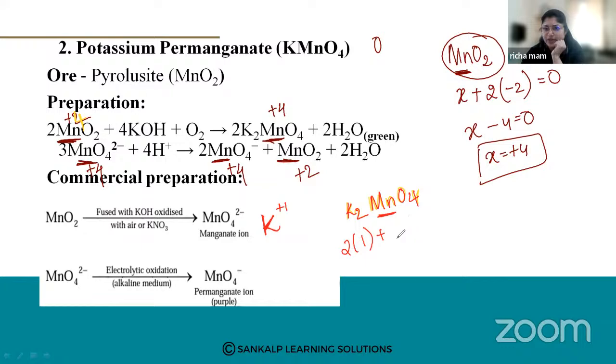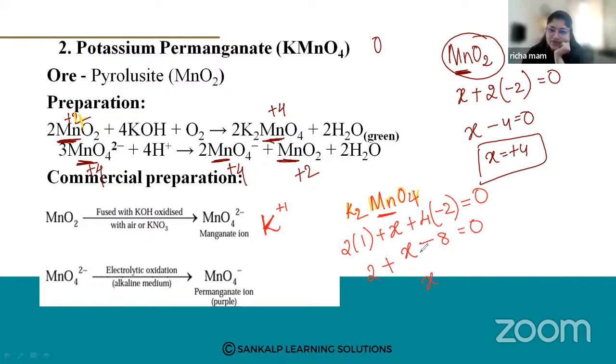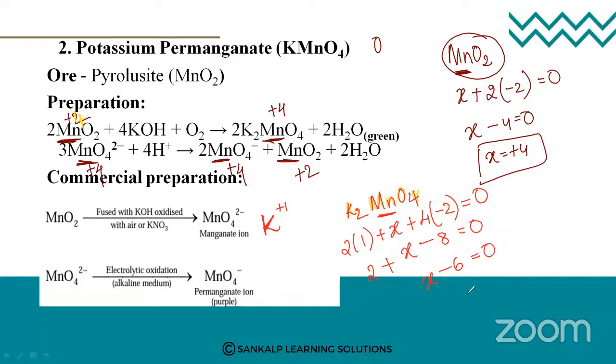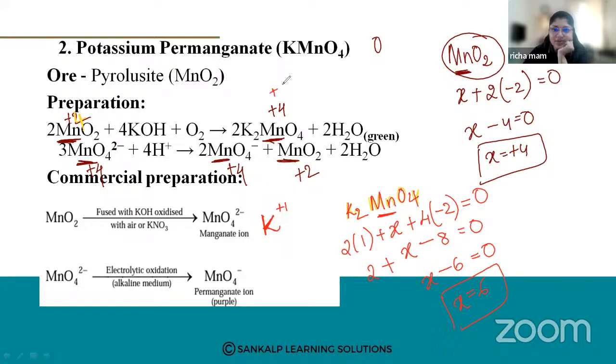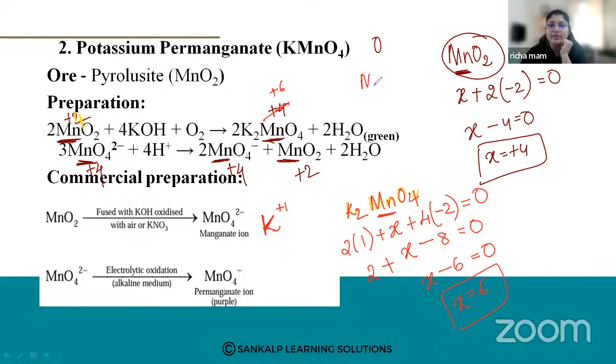We are finding Mn, so we keep it as X. How many oxygens are there? 4. Each oxygen is -2. The total is 0. So 2 plus X minus 8 equals 0, then X minus 6 equals 0, so X equals 6. The charge is +6. Now the next one, MnO4 2 minus.